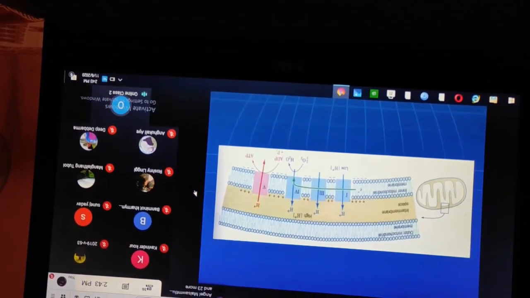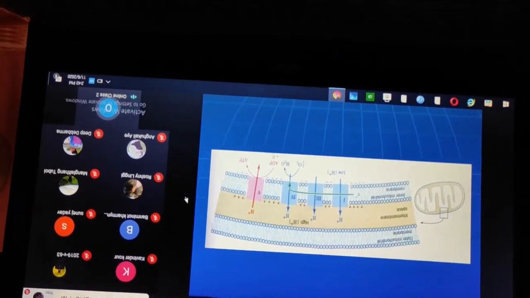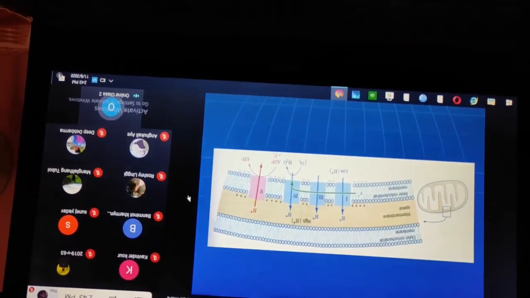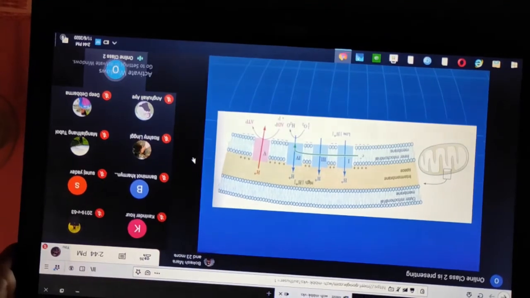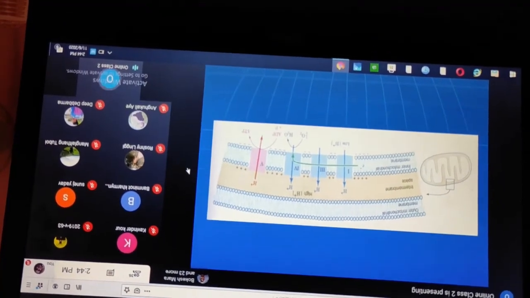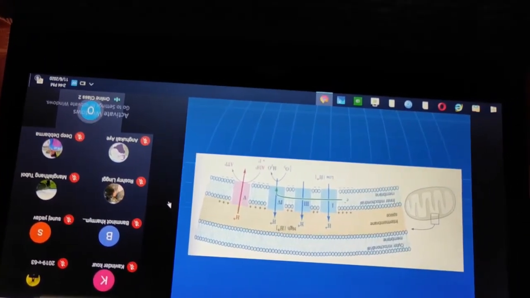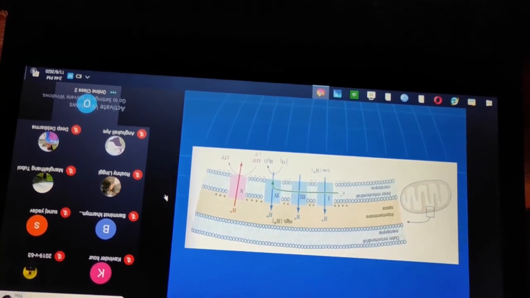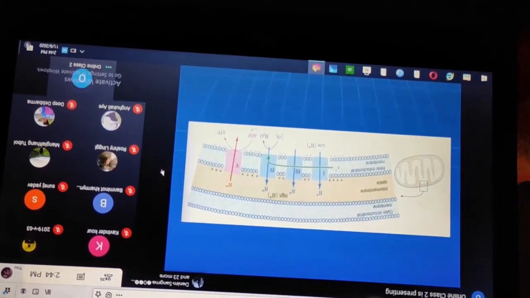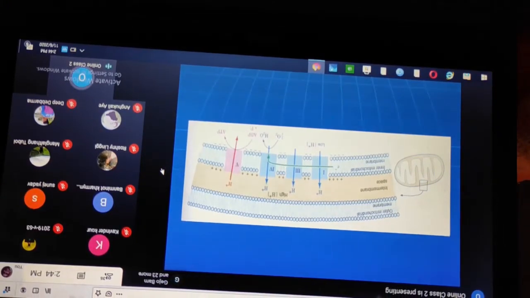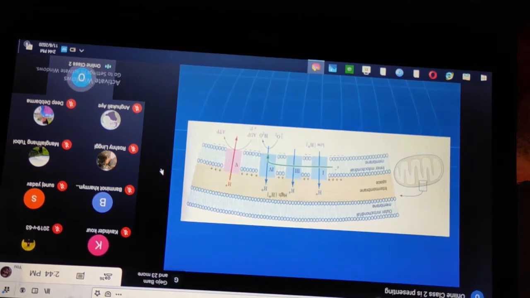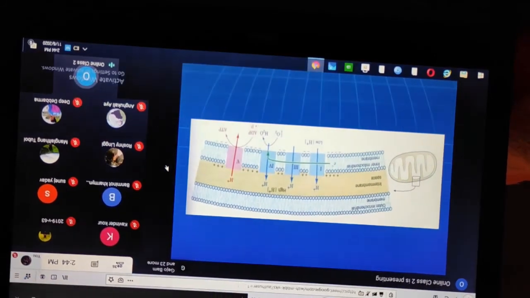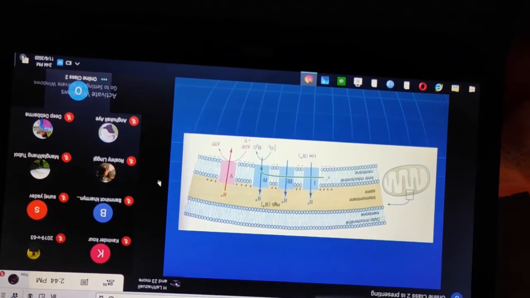Now, the protons in the intermembrane space have the tendency to move from the higher concentration towards the lower concentration, back to the matrix.